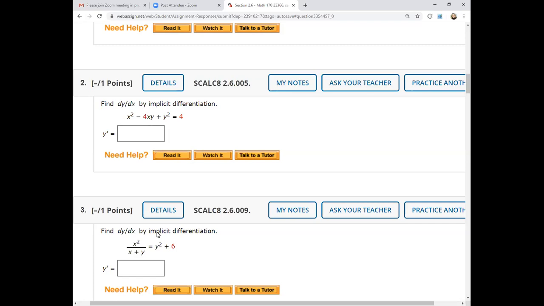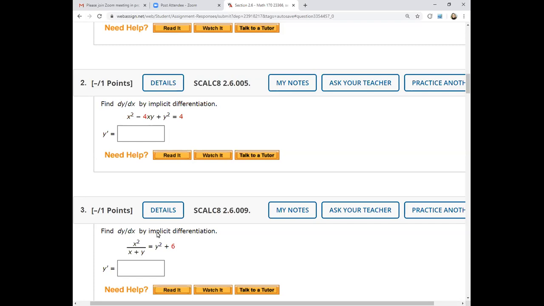So the derivative of the first times the second plus the first, which is 4x, times the derivative of the second, which is dy dx. So remember, we're subtracting that. So it's 2x minus the quantity 4y plus 4x dy dx.